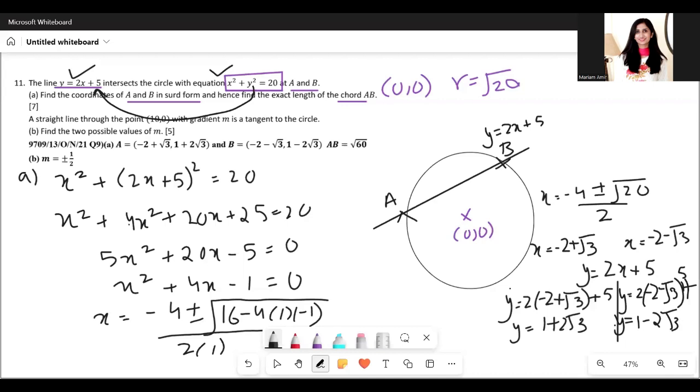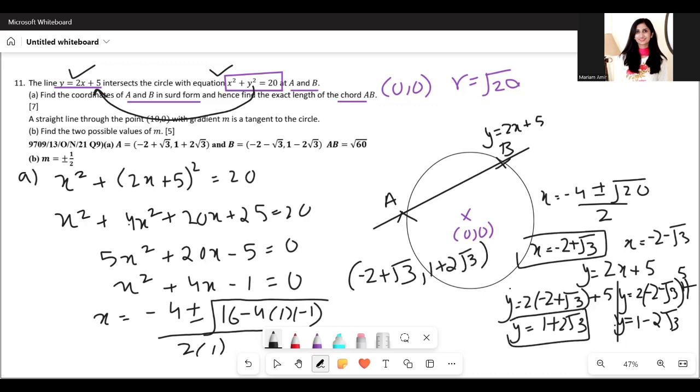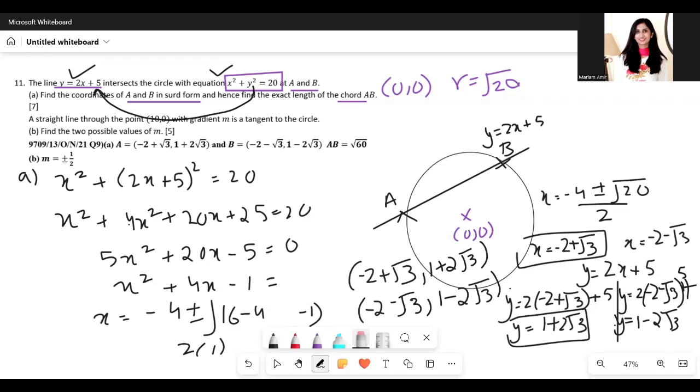So we have the coordinates of A and B. One of them would be (negative 2 plus square root of 3, 1 plus 2 square root of 3). And for the other one, it's going to be (negative 2 minus square root of 3, 1 minus 2 square root of 3). These are the exact answers. Do not press S-D.